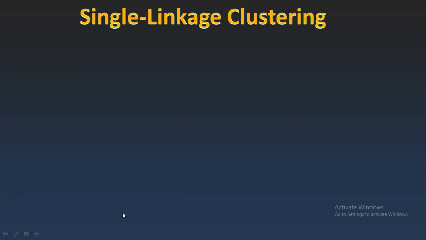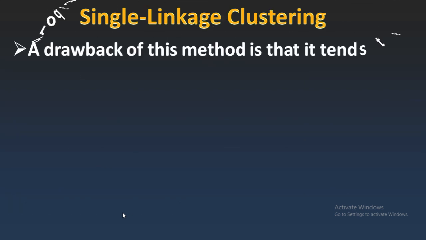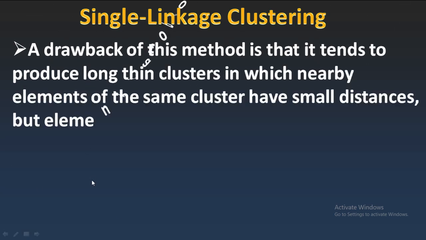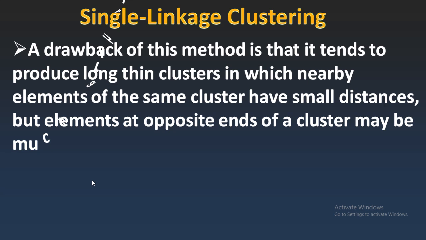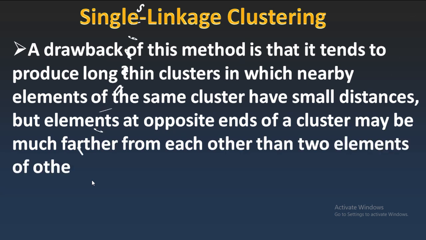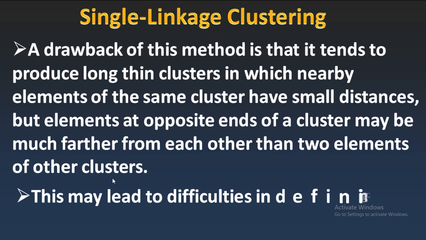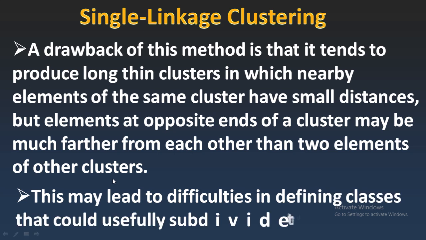A drawback of this method is that it tends to produce long thin clusters in which nearby elements of the same cluster have small distances, but elements at opposite ends of a cluster may be much farther from each other than two elements of other clusters. This may lead to difficulties in defining classes that could usefully subdivide the data.